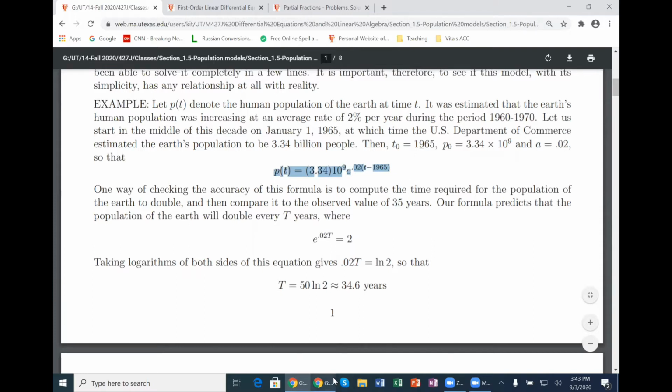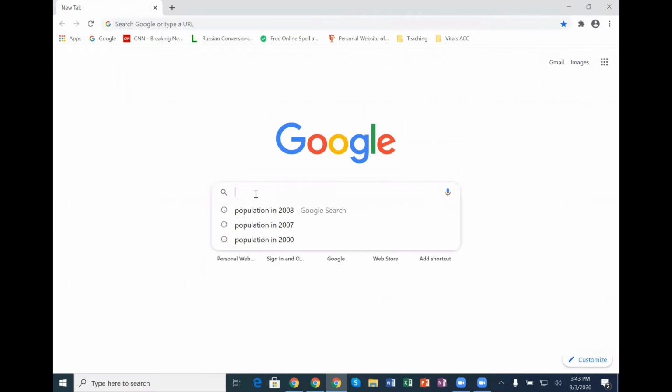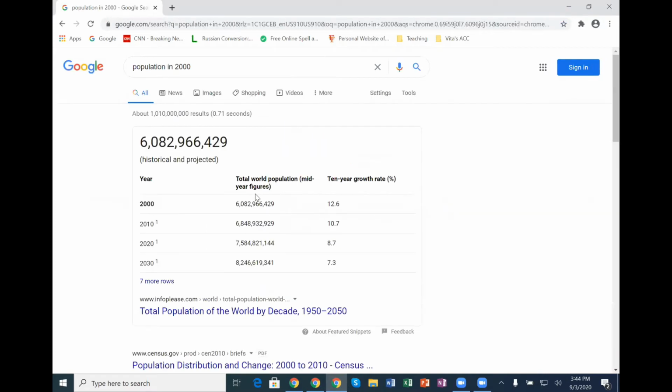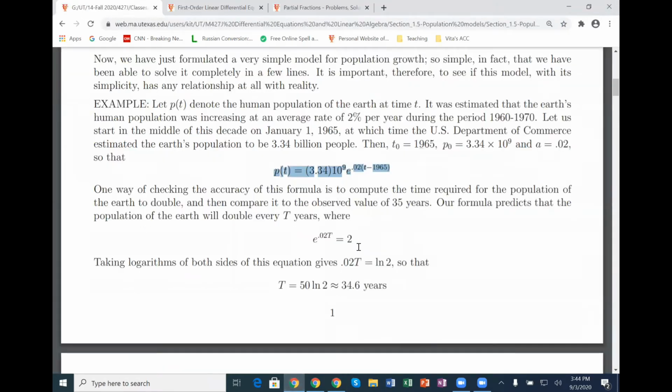Is this true? Population in 2000. Well, it's written 6 billion. It's different from 3.34 times 2, which is 6.68.